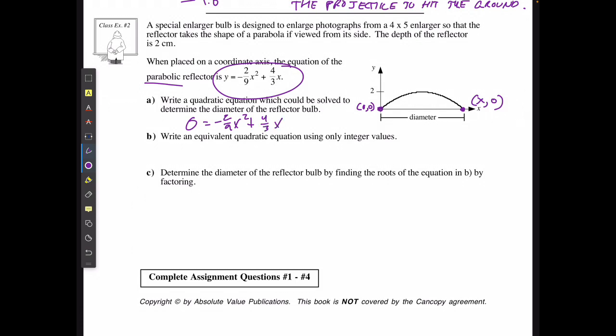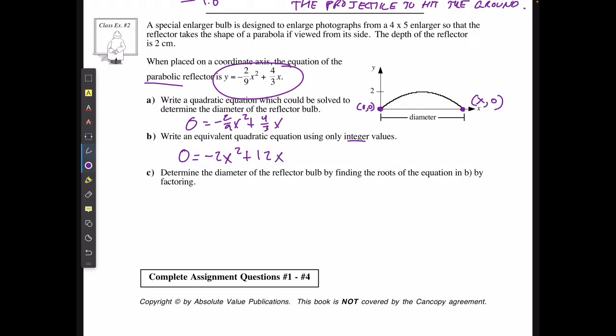If I only want to have integer values, I'm going to multiply all three terms by 9. So 0 is going to equal negative 2x squared plus 12x.